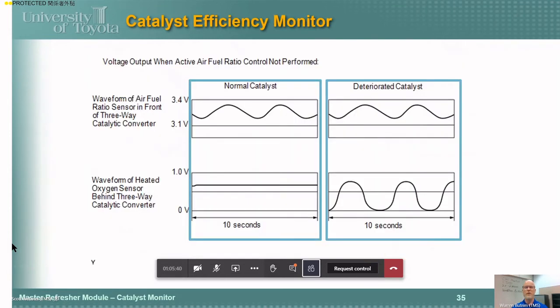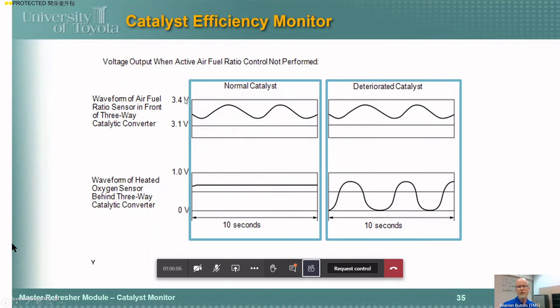All right, Scott, let's go. So what's going on here when we run the test? Well, you guys have probably seen this 100 times before. If I have a normal catalyst and the ECM is commanding rich lean, rich lean, rich lean, or if it's simply going that way, just reporting on how well the fuel injection is doing, I can see where my AF sensor agrees and it's going up and down.